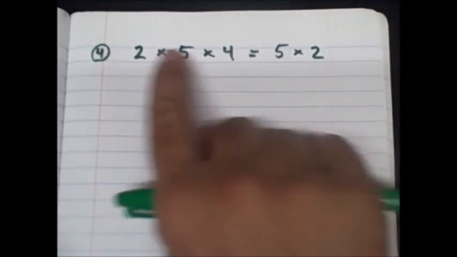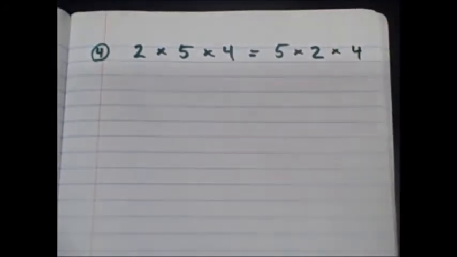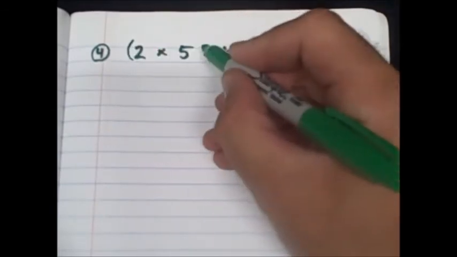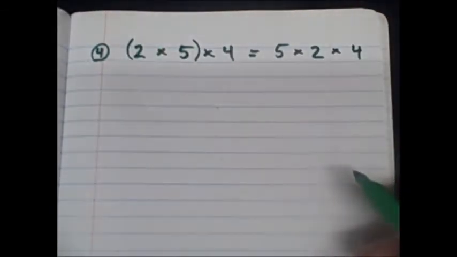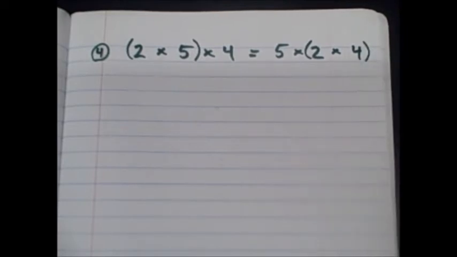So we've got 5, 2, 4 would be the missing one, times 4. And I'm going to put parentheses here around the 2 times 5, and here around the 2 times 4. And I want you to try to solve this one on your own. Look back at number 3 if you get stuck. Please pause the video while you work.